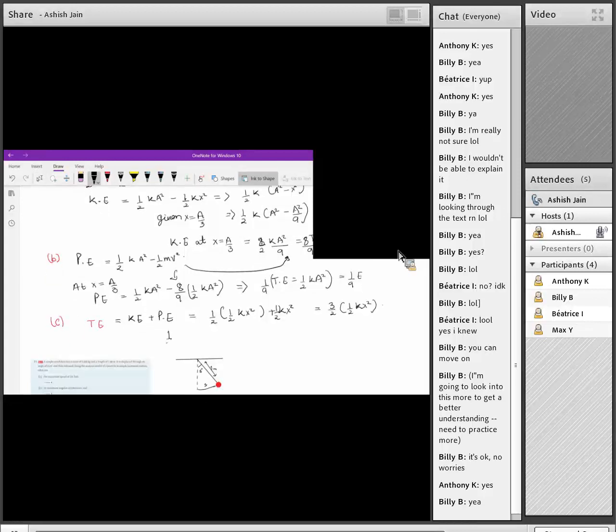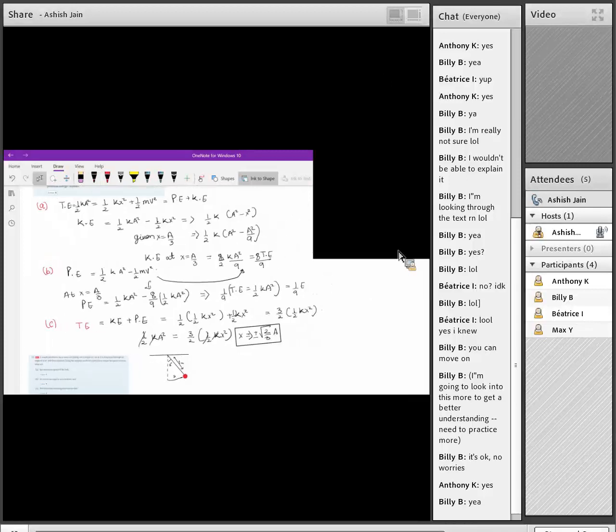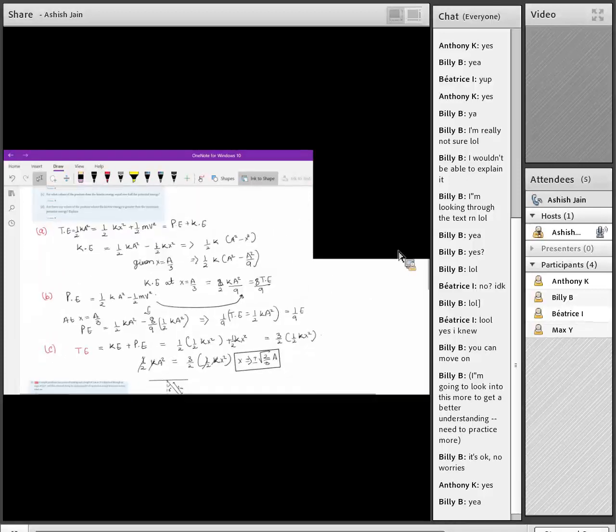So half k a square is equal to 3 by 2 half kx square. You cancel out these terms and you'll find that... is it okay? I just substituted kinetic energy as half of potential energy as given in the question.